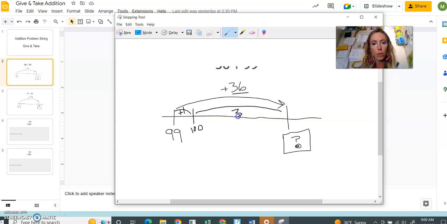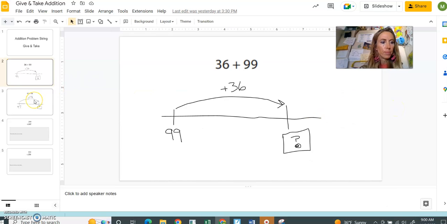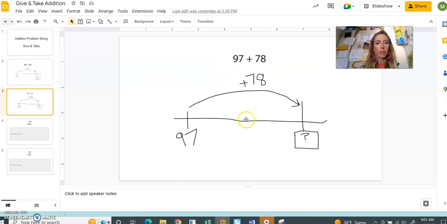I need to go 35 more. And I know 100 plus 35 is 135. So you can get that really quickly instead of every time having to use the algorithm, as maybe a kid is doing there. Okay? All right. So then they get that idea. Then we go to this one. Well, what about 97 plus 78?